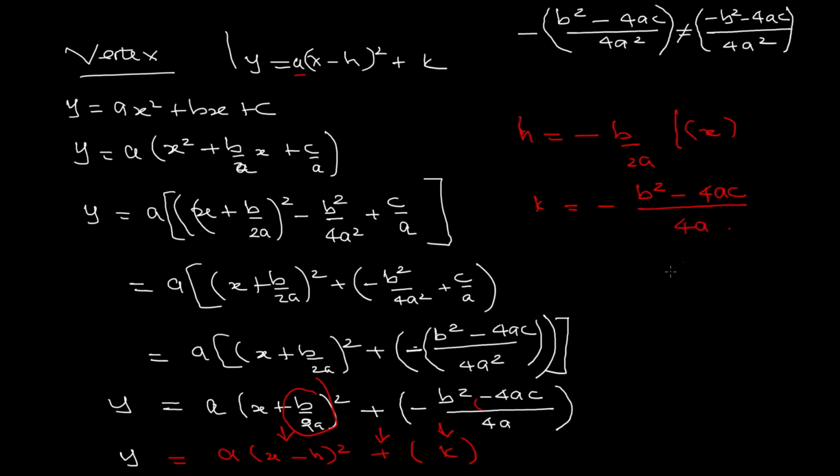So these are your coordinates at the vertex. So the vertex, we conclude it like this: h, k at the vertex is going to be minus b over 2a, comma, minus b squared minus 4ac over 4a, like this.